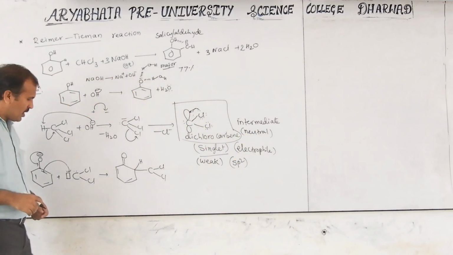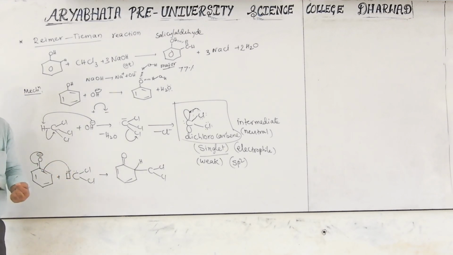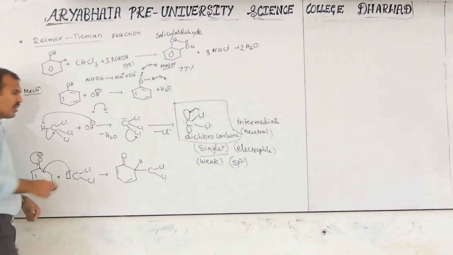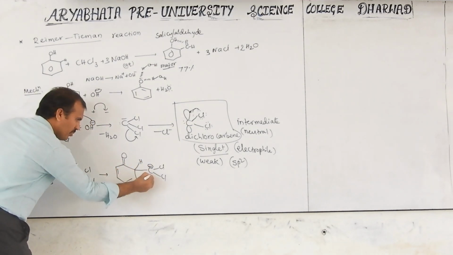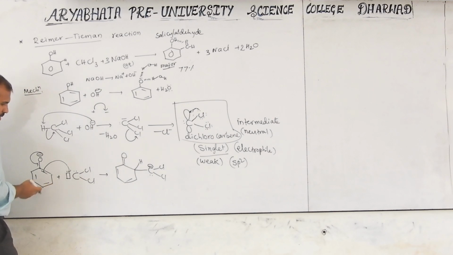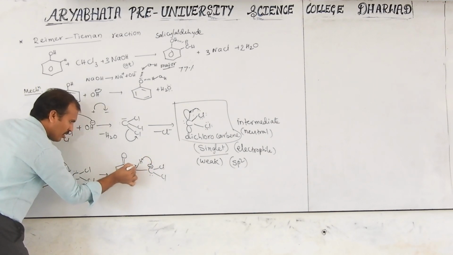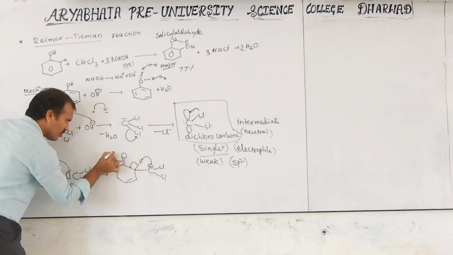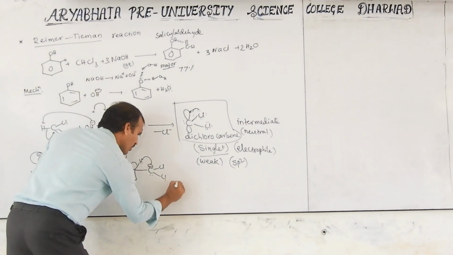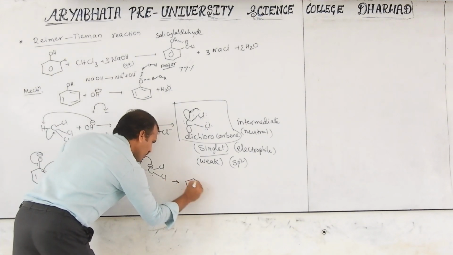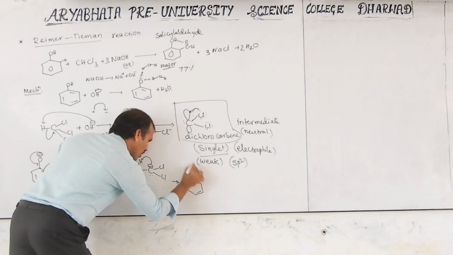When it gains electrons, which charge does it get? Negative charge. That's why there is a negative charge here with this pair of electrons. Now this negative charge will take this hydrogen, this will come to here. So now we will get the pi bond and O minus.